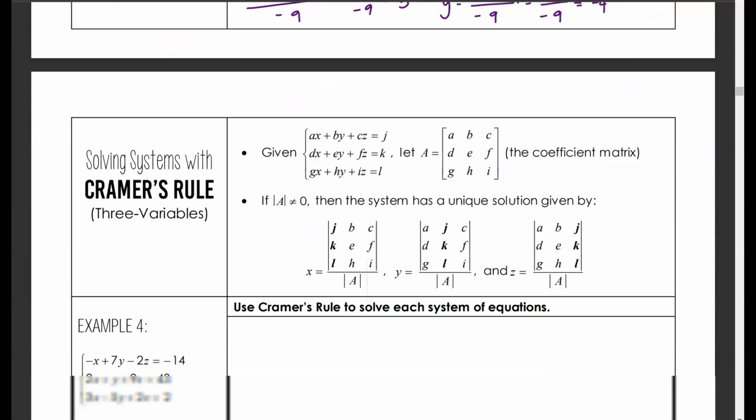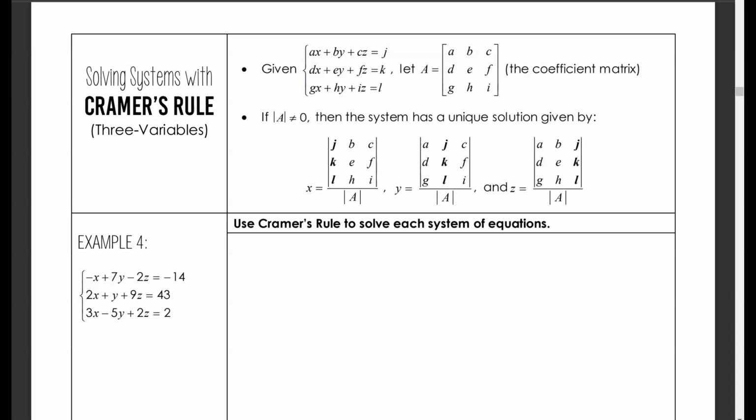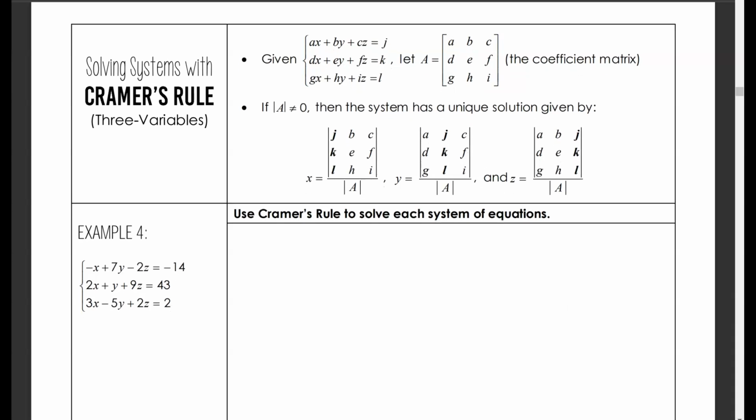All right. Let's try now solving systems with Cramer's rule with 3 variables. It's the same process, we just have an extra variable. Our coefficient matrix is now a 3 by 3. If the determinant of A is not equal to 0, then we have a unique solution, given by, again, x swapped out for the solutions of our system.